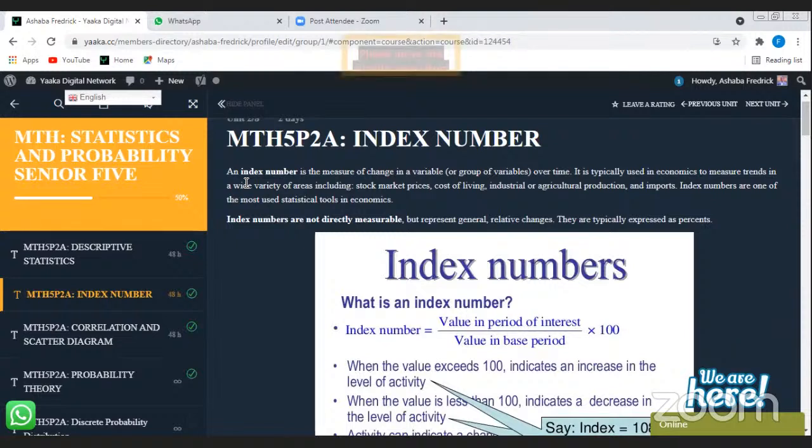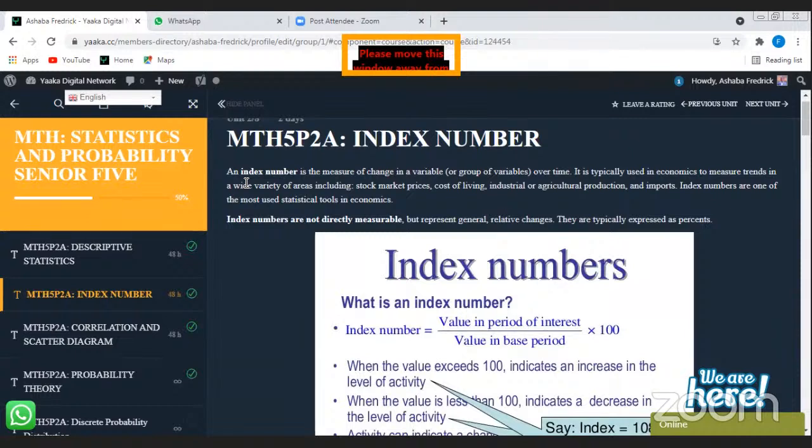Okay, so an index number, we are saying it measures change in a variable. For example, between one year and another year, if we compared the prices of a single item, maybe an example of foodstuffs like maize. So if we compare the prices in several years, we use an index number to measure that relative change in that variable, or in a group of variables.